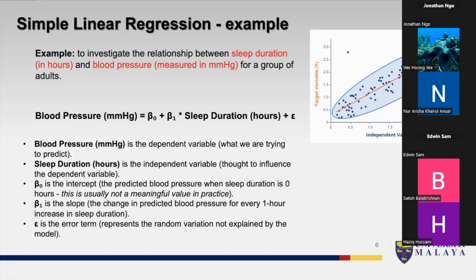Beta 1 is your slope, the predicted change in blood pressure for every 1 hour increase in sleep duration. And epsilon is the error, the random variation that cannot be explained by the model, because no model is perfect.